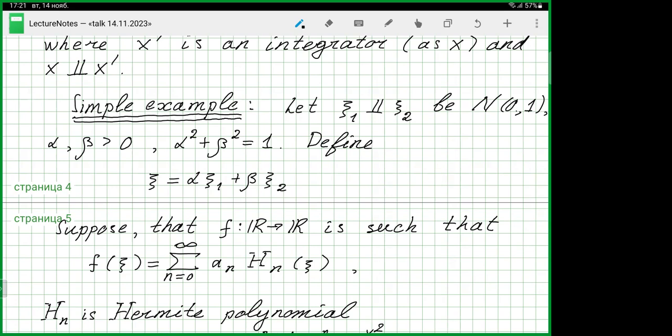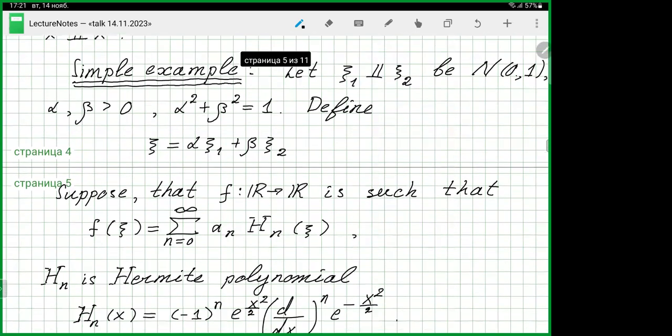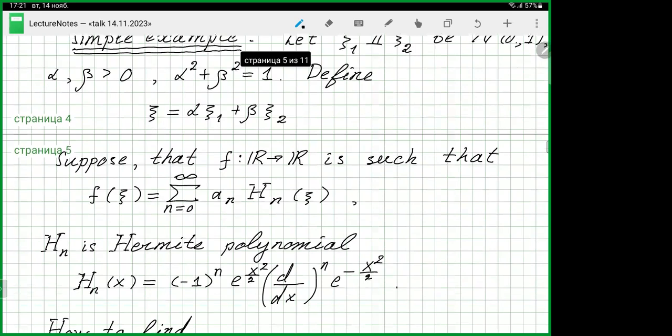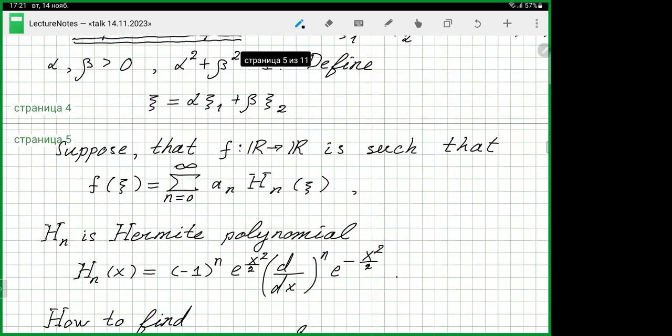Here I say that f of xi is the sum from n equals 0 to infinity of a_n h_n of xi, where h_n is the Hermite polynomial with the first coefficient equal to 1. It is just for convenience. And this is a precise formula for Hermite polynomials with the main coefficient equal to 1.